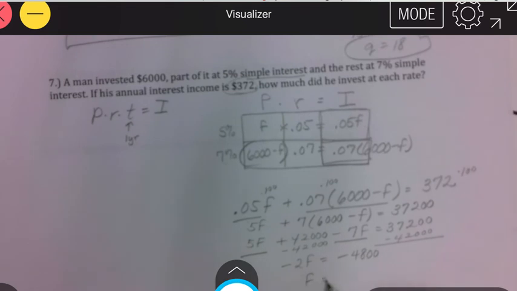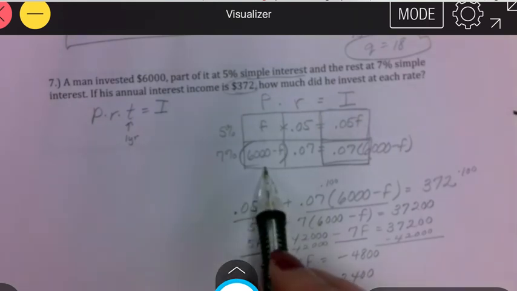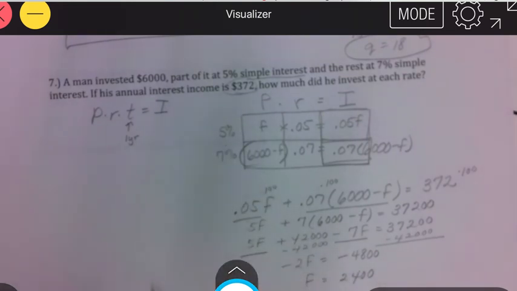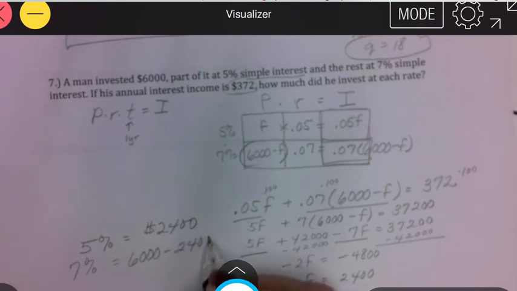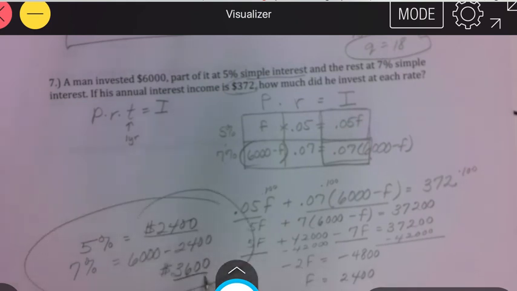So F is going to be equal to 2,400. F represents the principal at 5%. So at 5%, I am investing $2,400, and at 7%, I am taking that 6,000 and subtracting 2,400, and I'm getting 3,600, and that would be my answer.